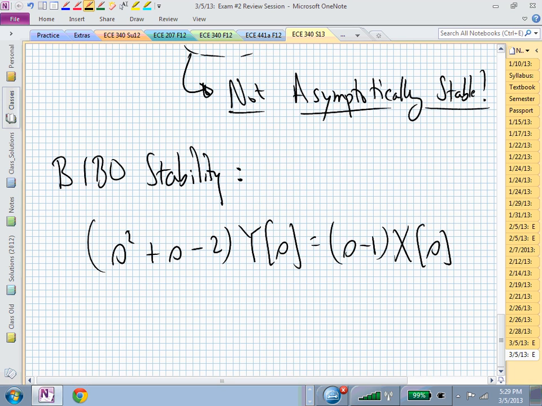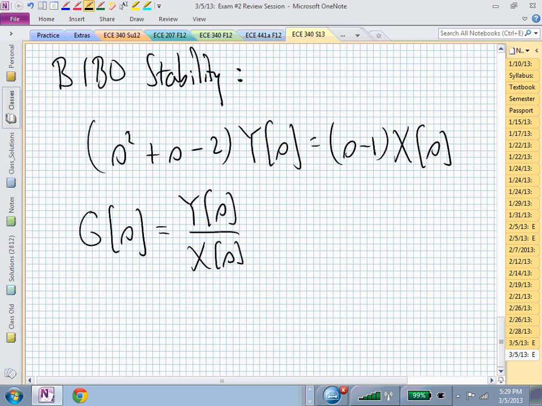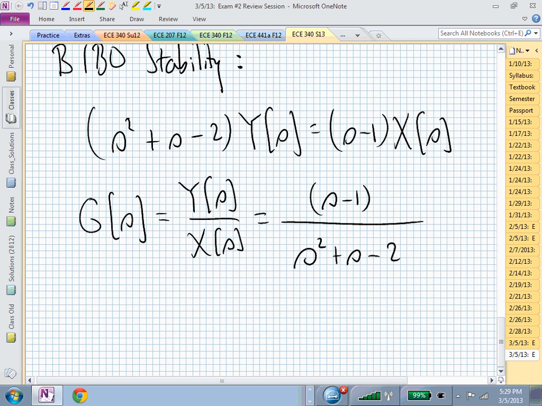If we now find the transfer function associated with that system, which is what we need to assess BIBO stability, is it clear how to find that Y over X? We can divide both sides by the factor that's multiplying Y of s, and by capital X of s, and we end up with s minus 1 over s squared plus s minus 2. But now remember what we said that denominator factored into.